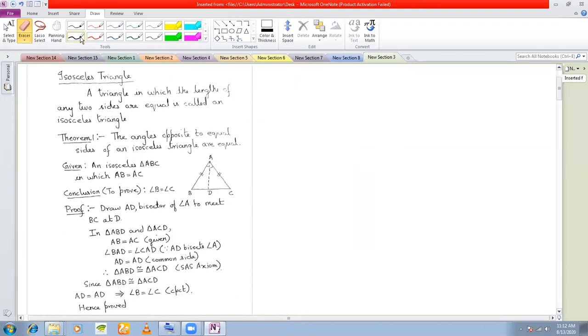Let us take a triangle ABC. Okay, and let us say that I take these two sides of the triangle to be equal. You can take any two sides to be equal.